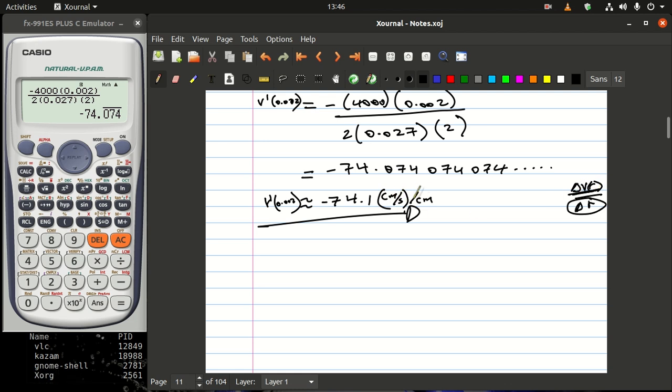That is why I'm writing it like this. I'm not simplifying it, because I want you to get that these are the units that we are actually using, and I don't want you to make any mistake there. So that is what is important here.